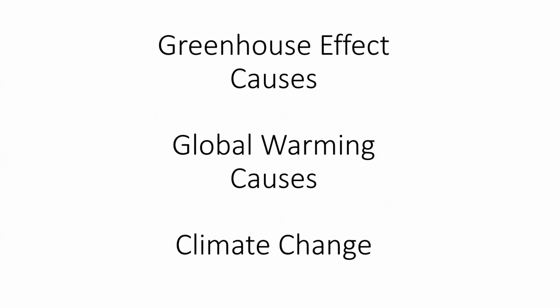But I think the most important thing is remembering that the greenhouse effect causes global warming, which causes climate change. They all fit together as a process. So the greenhouse effect, and we'll talk about that in a second, causes the globe to warm up, which then causes climate change. Okay, so remember that order.